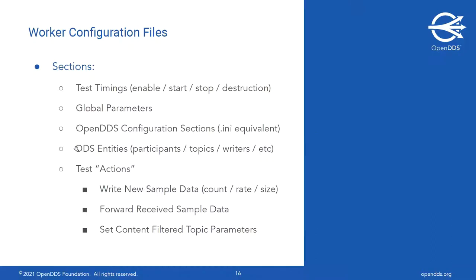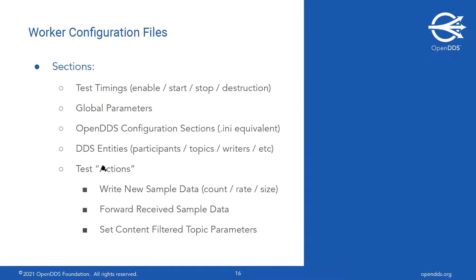And then the DDS entities themselves, how many participants, topics, publishers, subscribers, data writers, data readers get created, and what their QoS settings are, etc., are all contained in the next section in the JSON file.